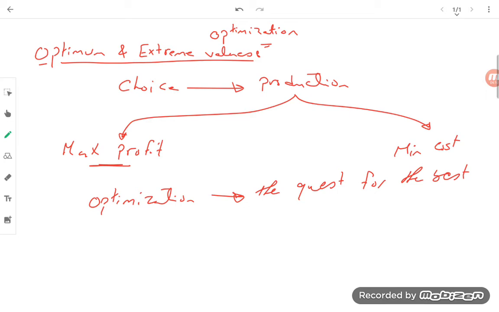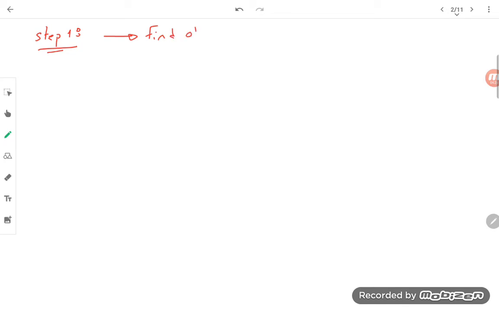So the first step of any optimization is to find the objective. The objective function has a dependent variable which represents the object that we would like to maximize or minimize, the object that we would like to choose.